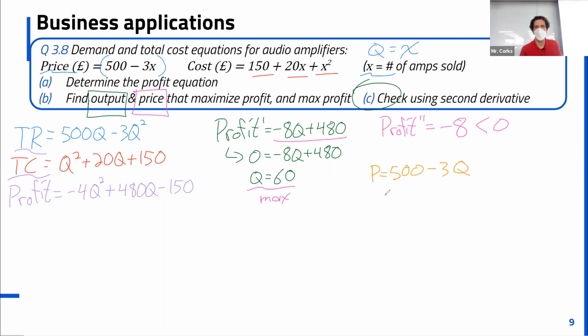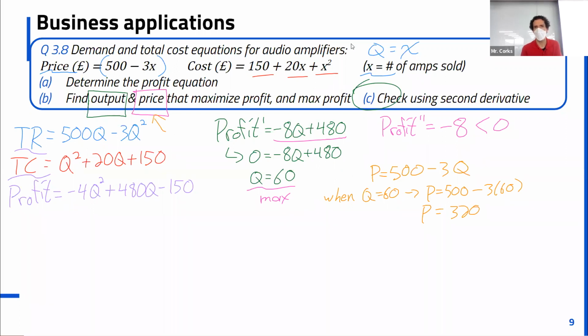And we have Q, so when Q equals 60, P equals 500 minus 3 times 60, which is? Okay, so 320. There's the price that will maximize our profits.